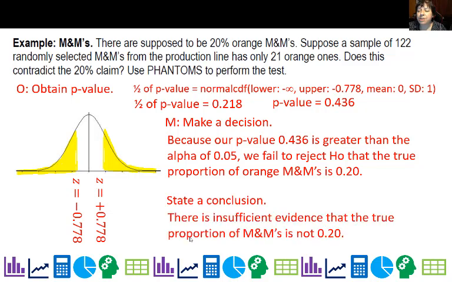And we can say that there is insufficient evidence that the true proportion of M&Ms is not 0.20. And hopefully there tends to be a structure on this conclusion. P-value: is it bigger or smaller? Reject or fail to reject. Second statement, evidence: sufficient evidence or insufficient evidence for the alternative, just to kind of remind you about that.